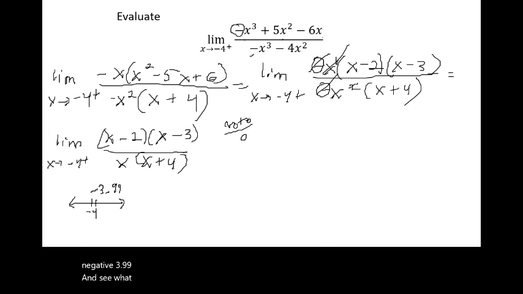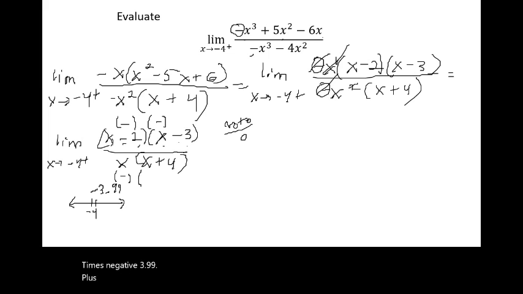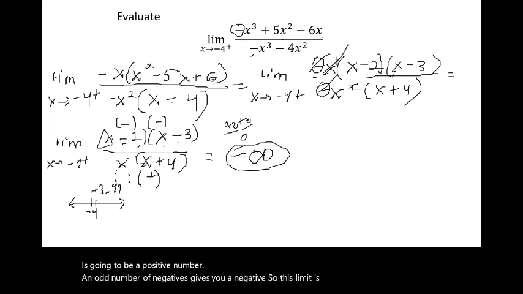So we've got negative 3.99 minus 2 is going to be a negative number, times negative 3.99 minus 3 is another negative number, over negative 3.99 times negative 3.99 plus 4 is going to be a positive number. So an odd number of negatives gives you a negative, so this limit is equal to negative infinity.